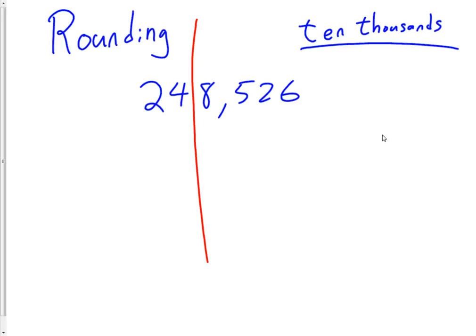There's 24 10,000s. Remember, you can say any number up to that place and then just say that's what you have. So we have 24 10,000s in this number. And there's also another 8,526 that makes up this number, right? Okay, but all we care about is the 10,000s because we're rounding to the 10,000s place.